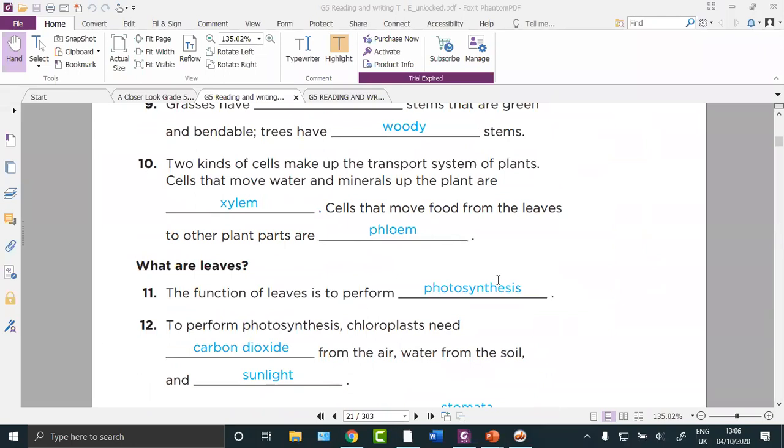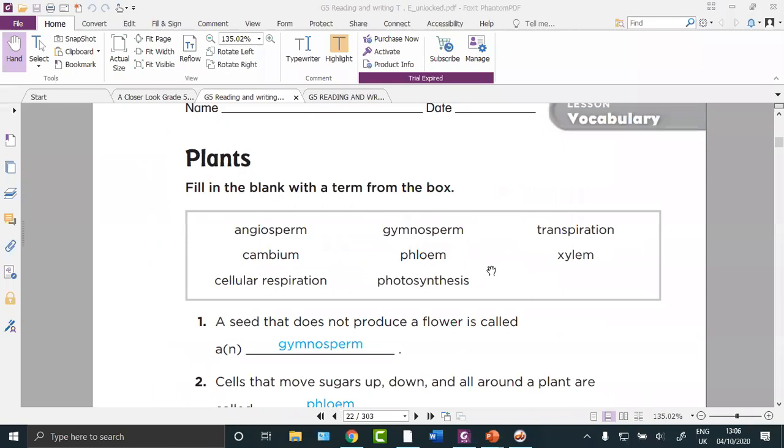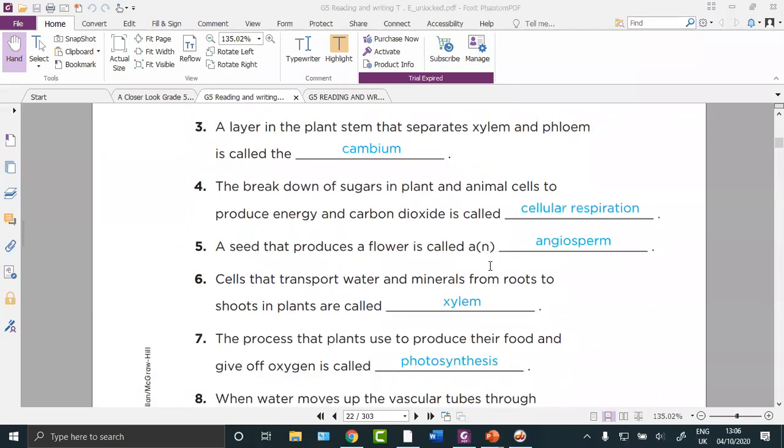Is it okay now? Yeah, thank you. When the water moves up the vascular tubes through stomata, transportation occurs. Yes, perfect. Thank you. Lower your hand.